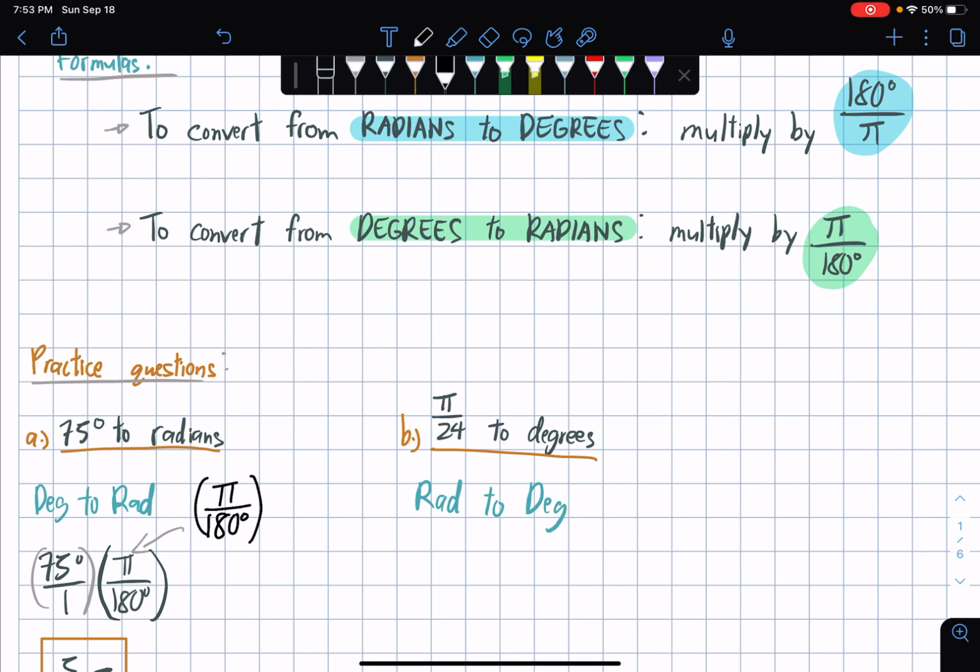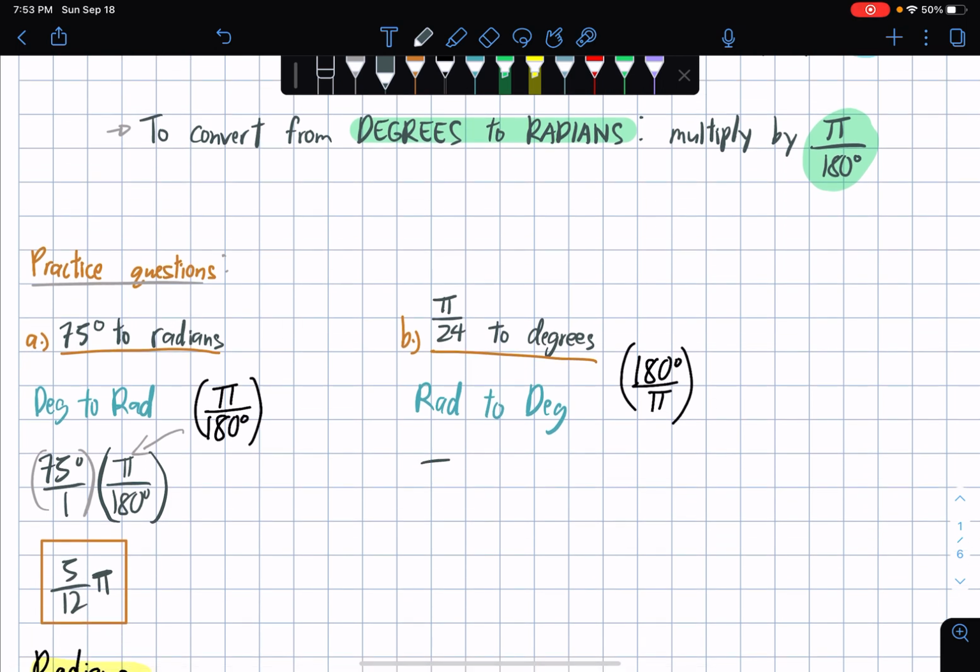What's the formula of converting from radians to degrees? It is 180 degrees over pi. That's our formula. We multiply it with the current value. So pi over 24 times 180 degrees over pi.